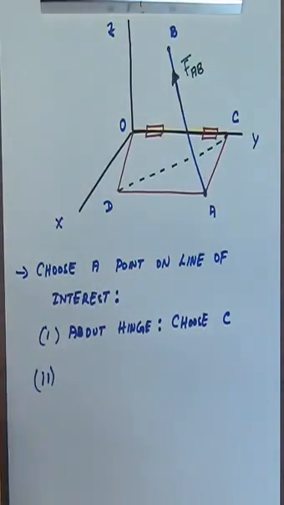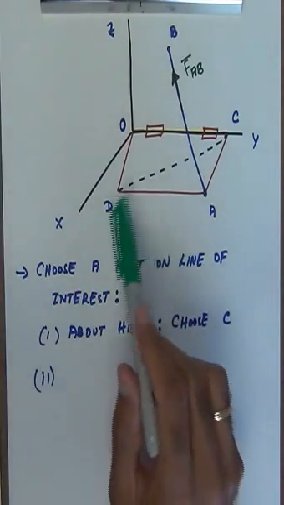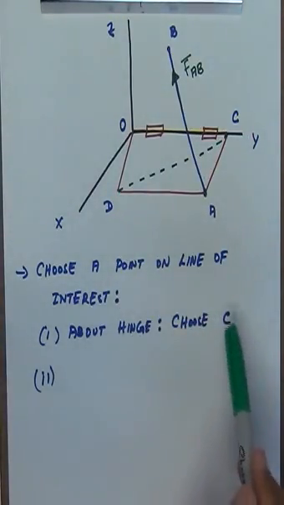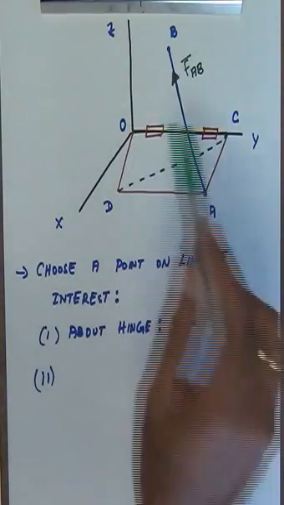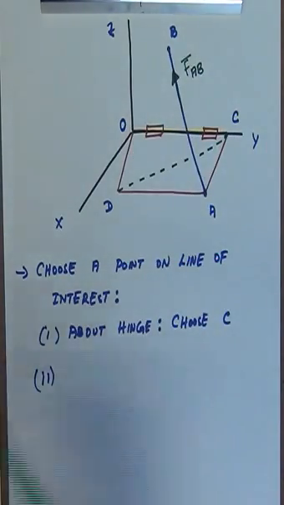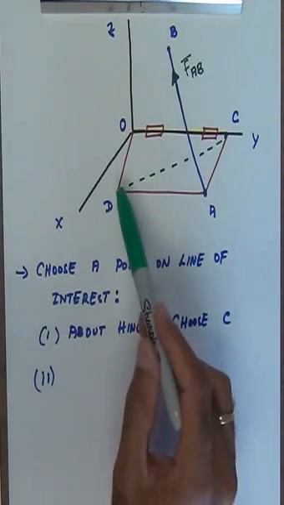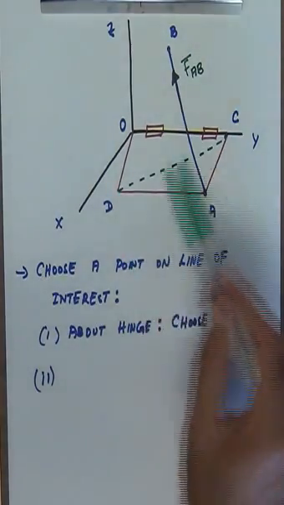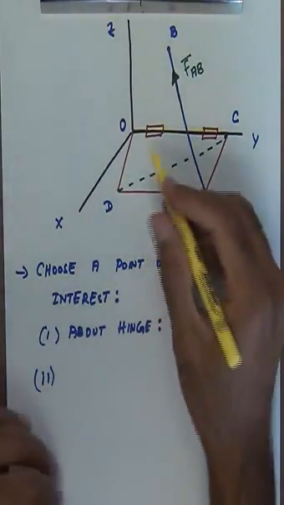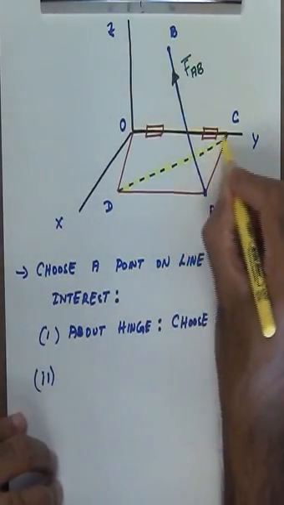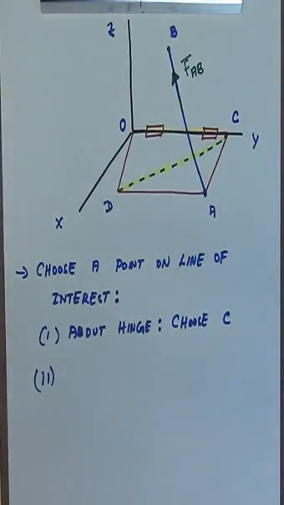Right, and you see that I can either choose the point D or I can choose the point C, and of course for the hinged axis I can either choose the point C or the point O. I decide to choose the point C. This is because when I look at the second part of the problem, I'm asked to find moments about this line as well, the line joining the point D and the point C, and for that as well I see that point C is a point on that line.